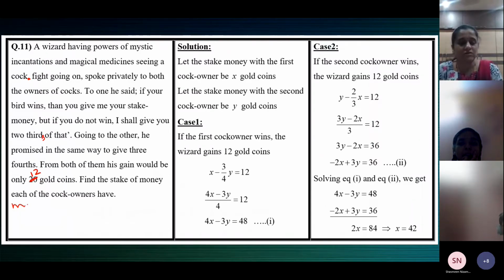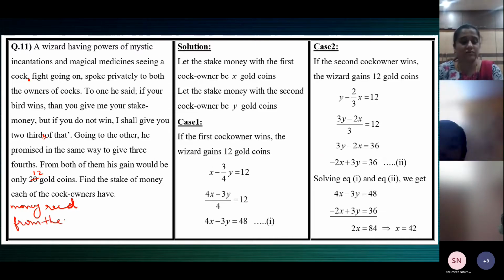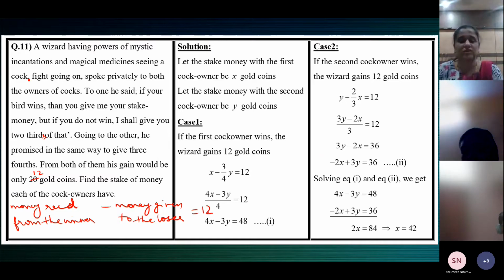Money received from the winner, minus money given to the loser, is equal to 12. Is equal to his gain of 12.